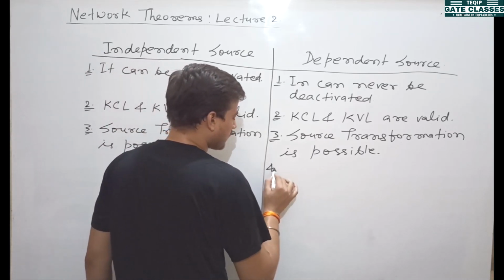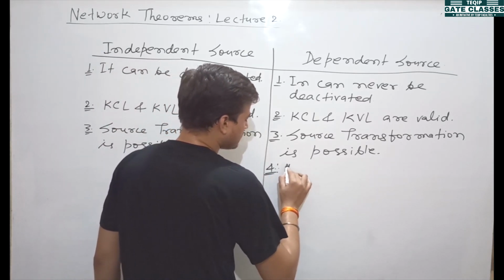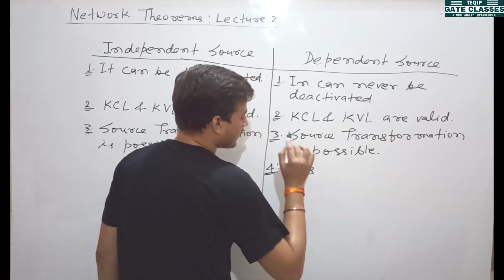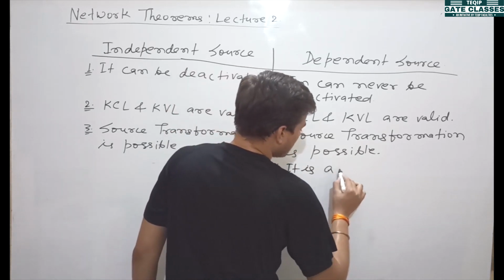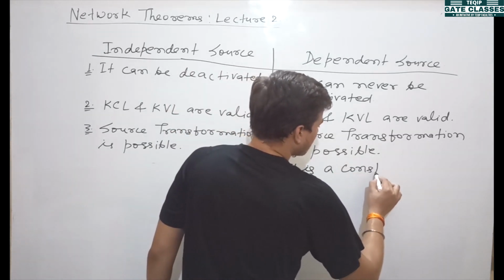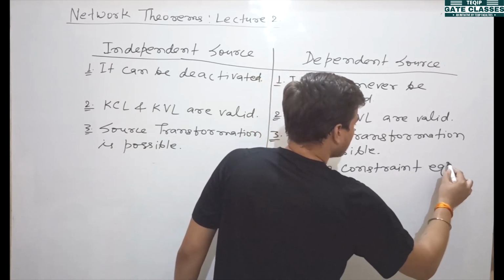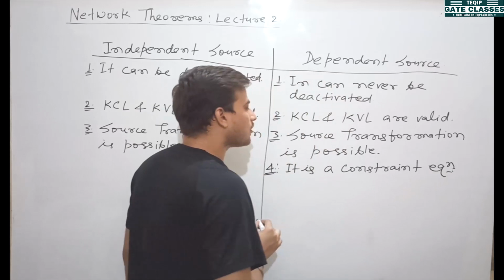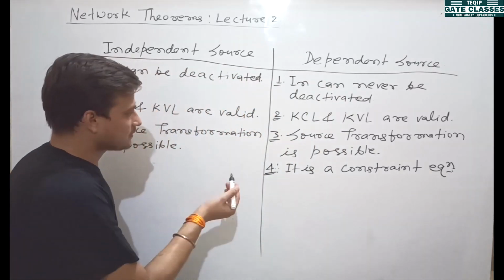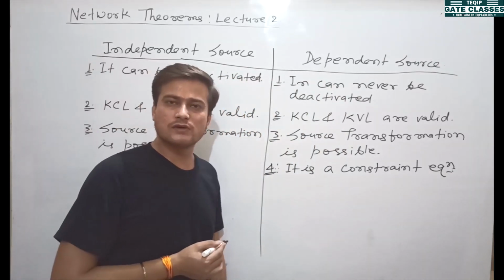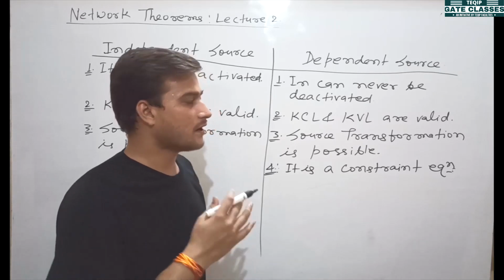Now you will see an extra point in the case of dependent source. What is the extra point? It has a constraint equation. What is the meaning of constraint equation? We'll see how to write the constraint equation in the case of dependent source.